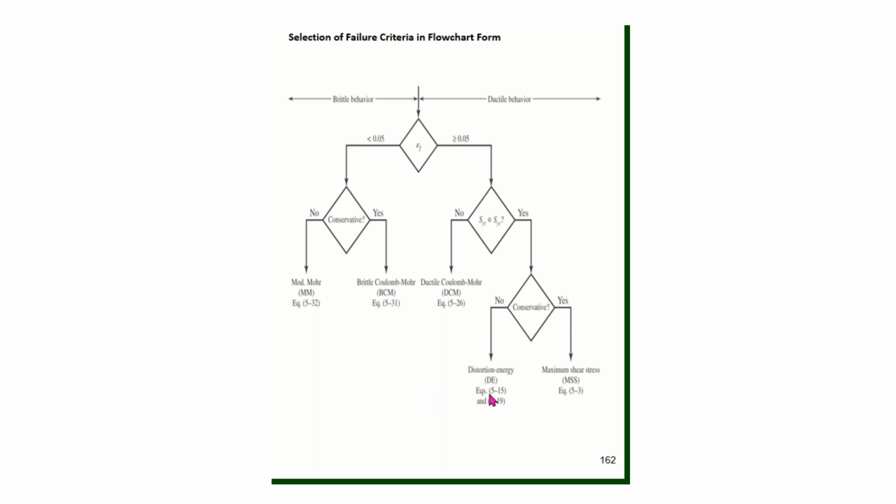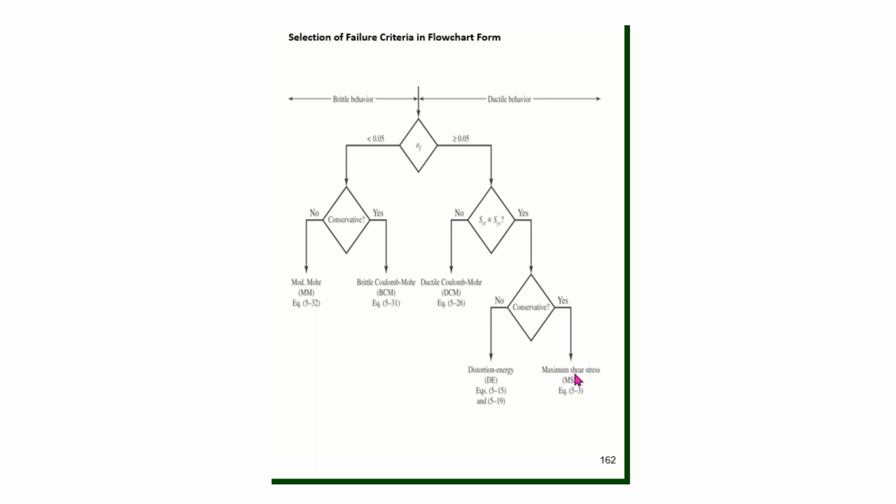So I will expect you to be able to go through this decision chart and write this decision chart down. You should essentially be able to redraw this decision chart, and then you need to be able to write down the failure theories for the ductile Coulomb-Mohr, the distortional energy, and the maximum shear stress.